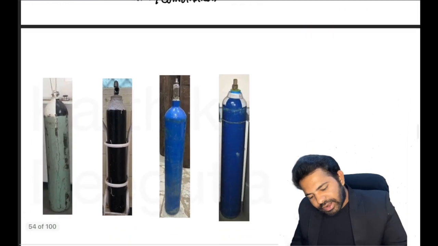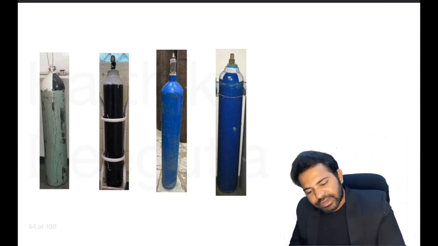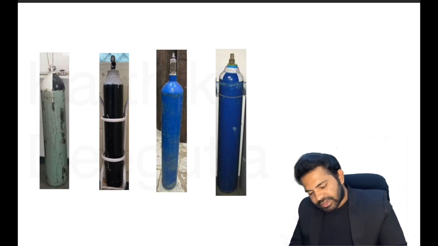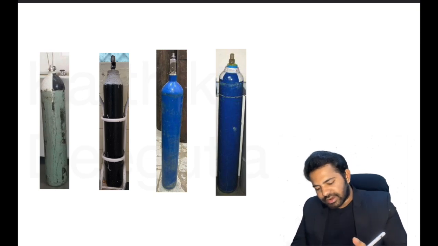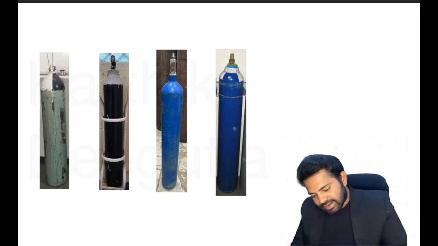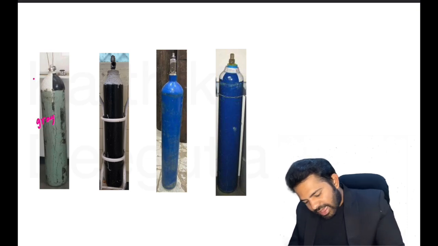Now we'll move on to a very important concept about the cylinders. This question has been frequently asked in the exams. You need to identify the cylinder based on the color coding of the cylinder, the body and the shoulder. Here you can see a cylinder with a grey body and white and black quarters.